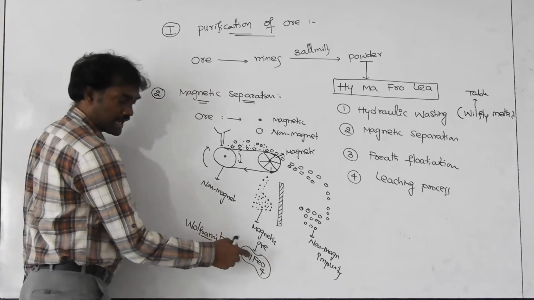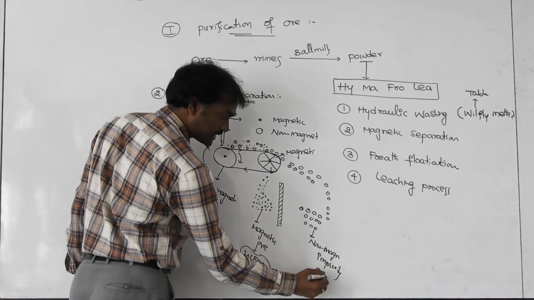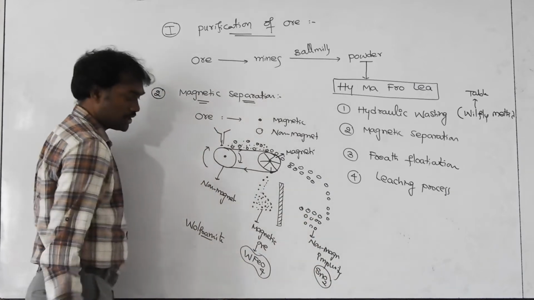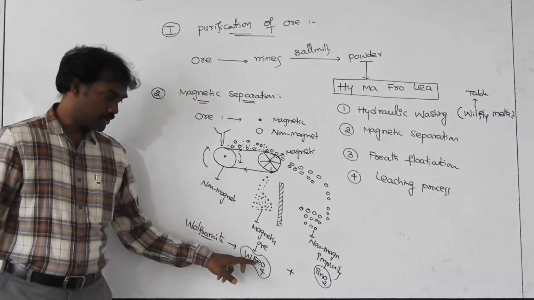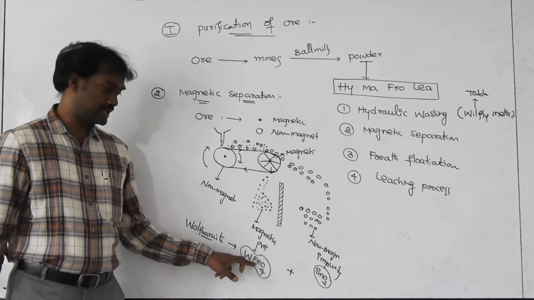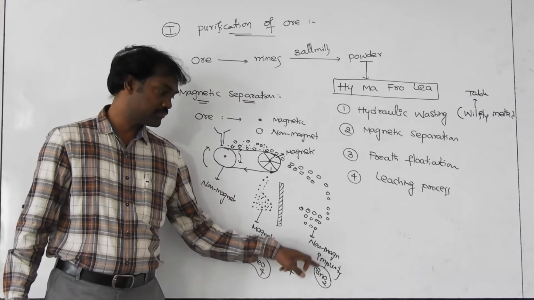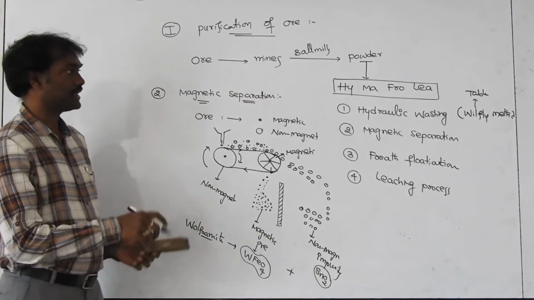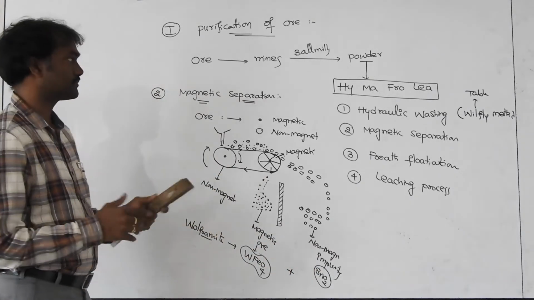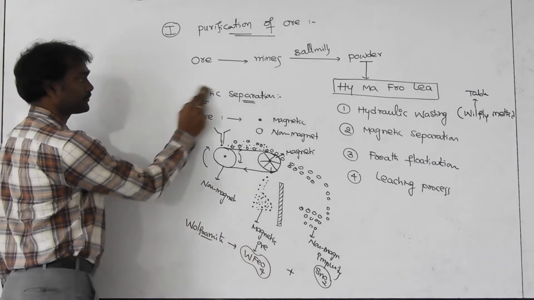The impurity is SnO2. The main component of wolframite has a magnetic nature, and SnO2 is the impurity, which is non-magnetic. So you can easily separate them by the magnetic method.